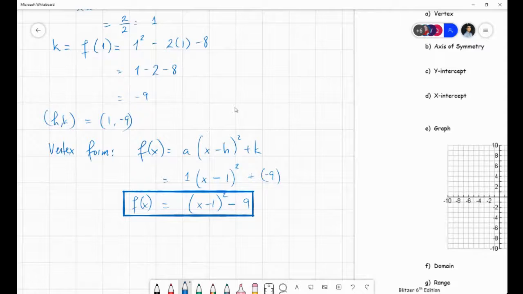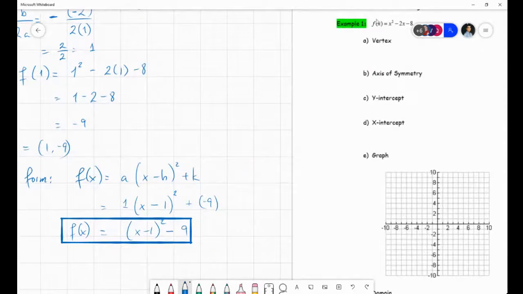Okay. Once we have that, it's very easy to answer all of these questions here. My vertex is (1, negative 9). Axis of symmetry. Axis of symmetry is very easy to remember.